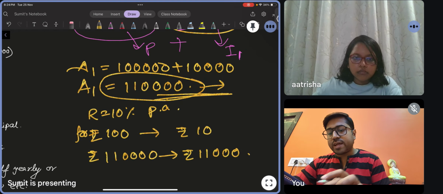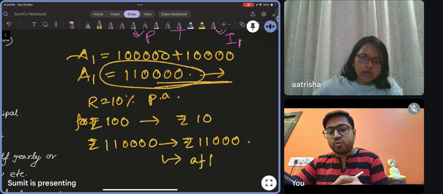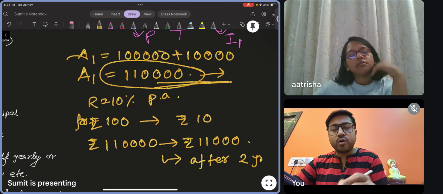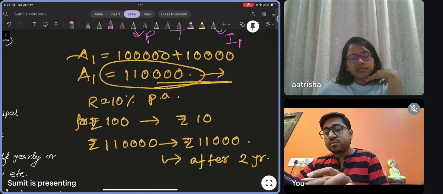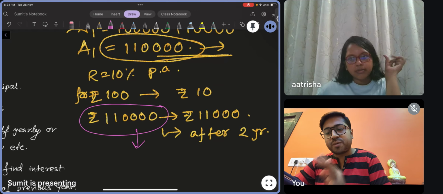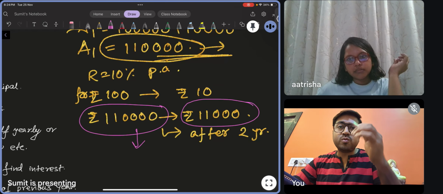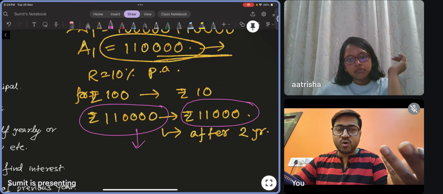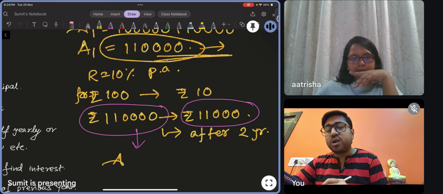Okay. So that means it is after 2 years. It is after 2 years, na? When 2 years get completed, then this was the amount that you have not paid, plus this is the new interest that is generated. So both, correct, both the things you have to pay, that will be called A2.